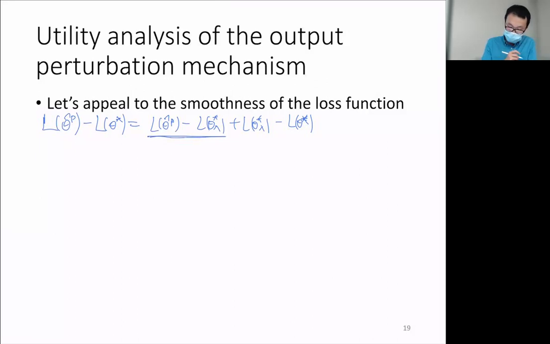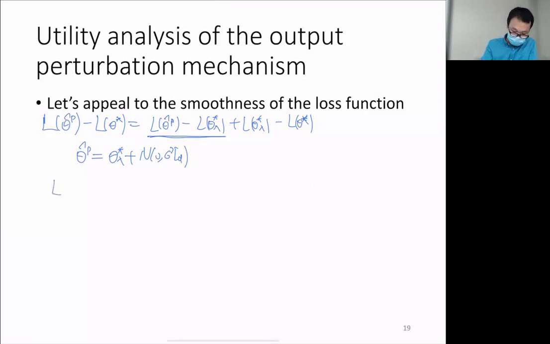Okay, so let's appeal to the smoothness of the loss function L in order to analyze this problem. Since we know that theta hat P is equal to theta star lambda plus noise, right? So this is our choice. Let's deal with the first term first by using the smoothness, and let's decompose this according to the definition of smoothness.